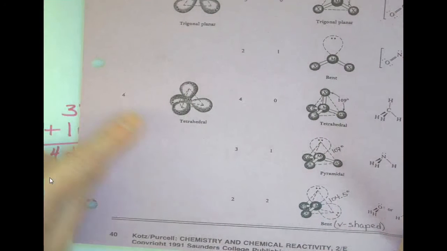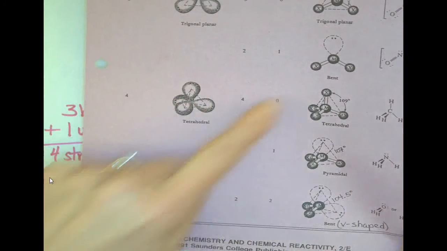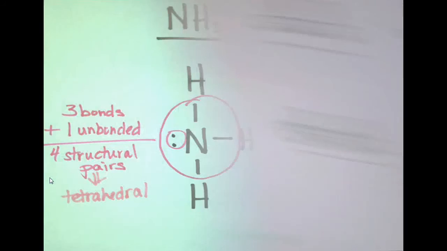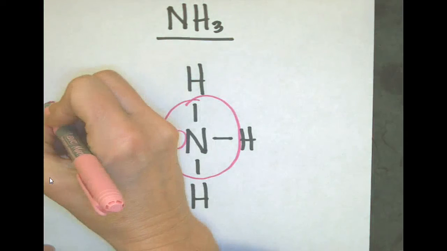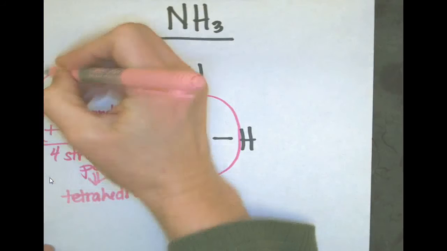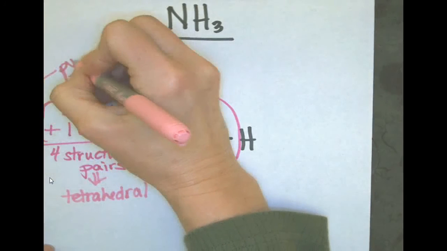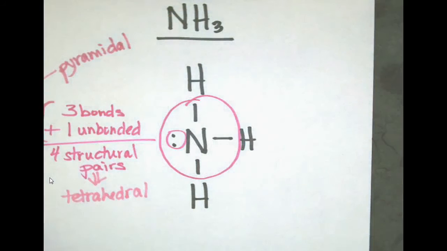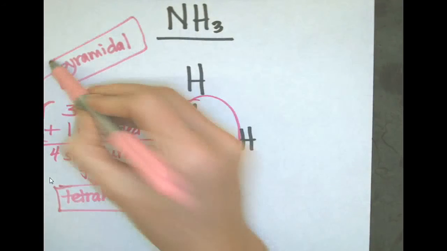Again, look at the 4, come down to 3 and 1, and I see that it is pyramidal in shape. So my 2 answers, tetrahedral and pyramidal.